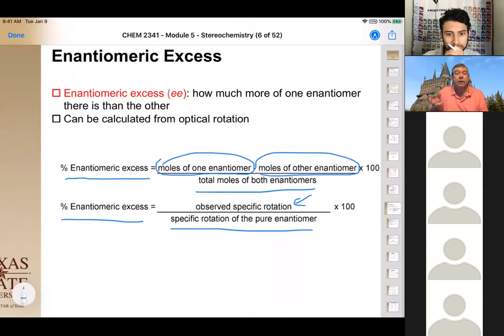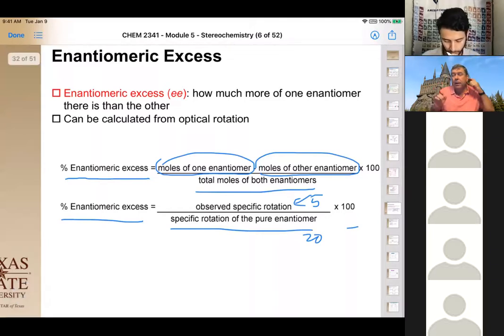If it's pure, it has a number of like 20 degrees, okay? But now in our mixture, it only has a measurement of 5 degrees. So we have 5 divided by 20 times 100, which gives us an enantiomeric excess of 25%, okay?